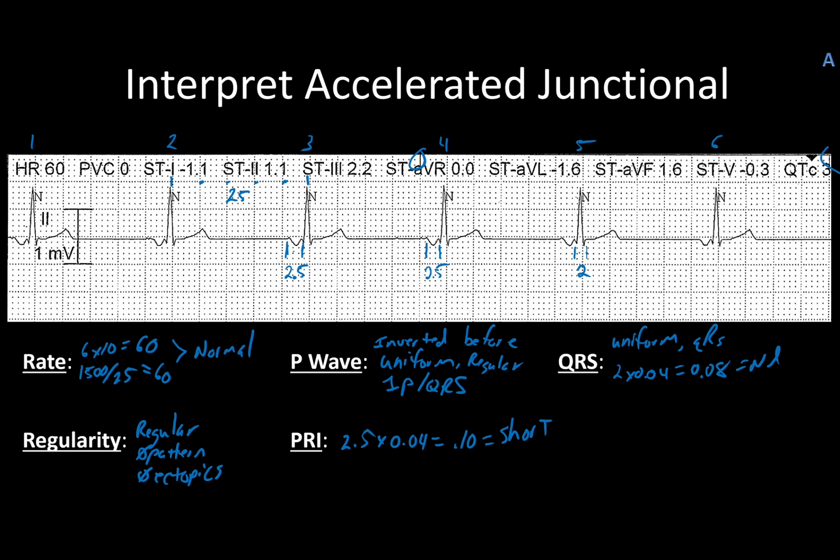So we have a normal rate, we have regular, we have an inverted P, and we have short PRI. Oh, and normal QRS. That is accelerated junctional.